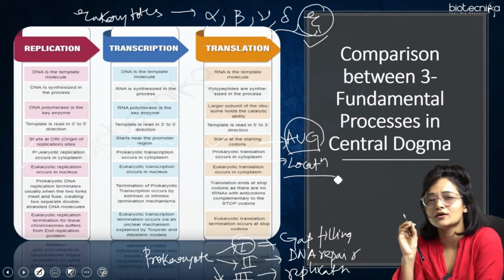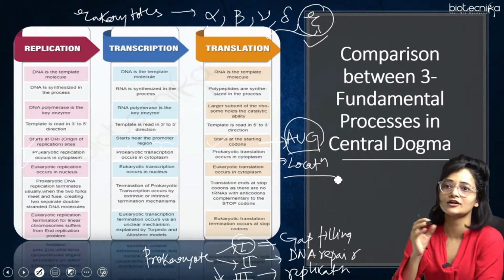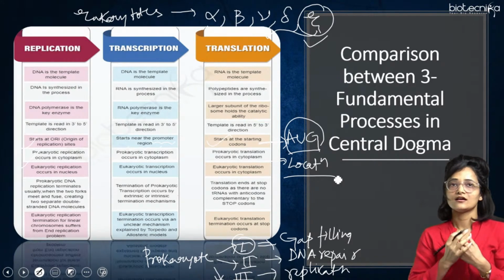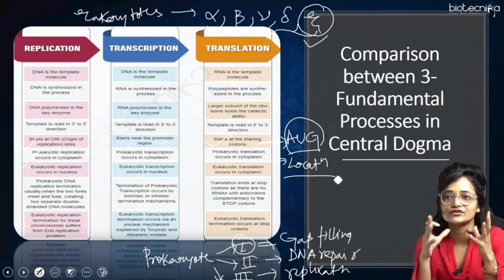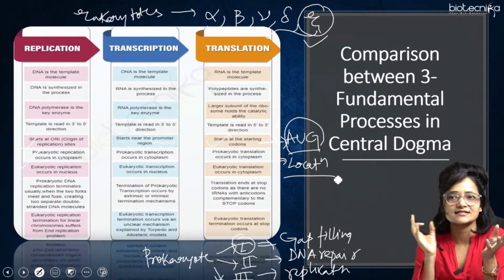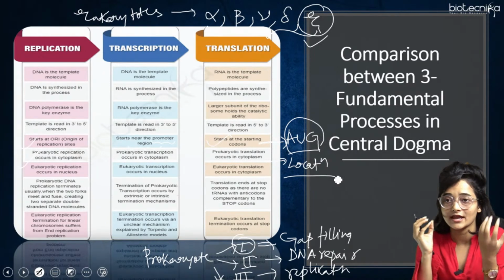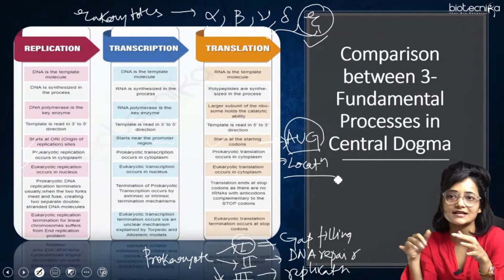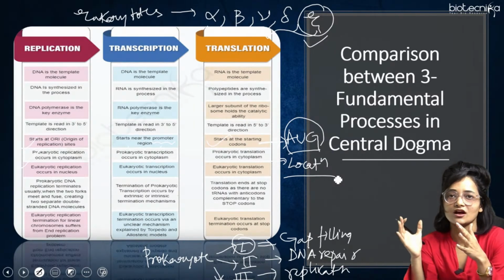In eukaryotes, they have a very complex structure. The DNA is very complex and is not accessible to the enzymes as frequently as in prokaryotes. So firstly, transcription takes place inside the nucleus. Then for translation, the pre-mRNA which is produced has to come out of the nucleus and travel to the cytoplasm, where the actual enzymes for translation are.